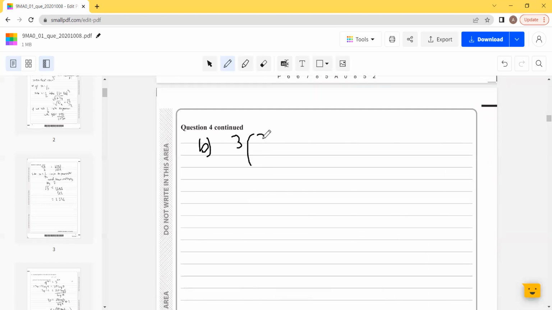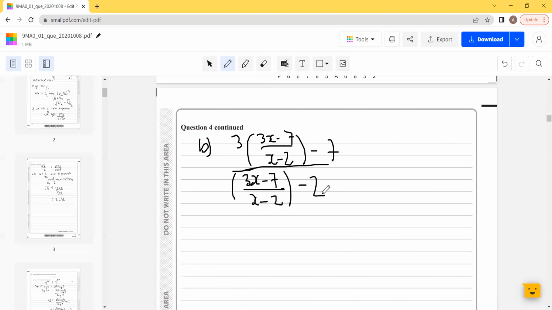So 3 times 3x minus 7 over x minus 2 minus 7 over x minus 2. And x again is just 3x minus 7 over x minus 2 minus 2. So I'm going to simplify this.